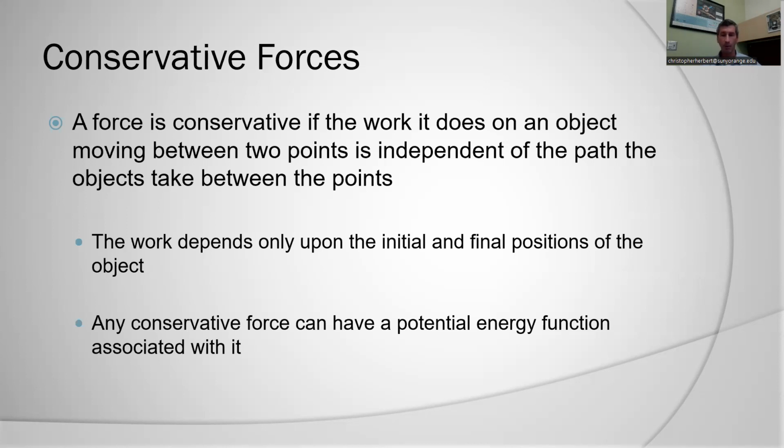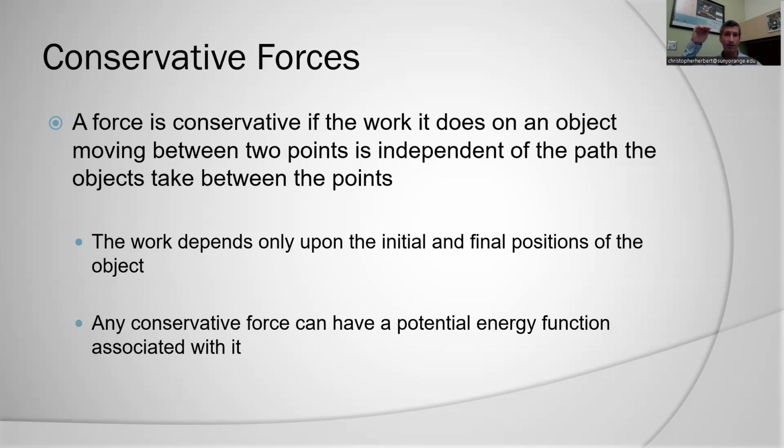That's very, very important because we want to be able to assign this idea of a potential energy to different points in space due to this force which is operating on whatever object we're talking about. So the work depends only on where we start and where we end up. Of course, the example that we use throughout this chapter is going to be gravity. It depends on how high you are.